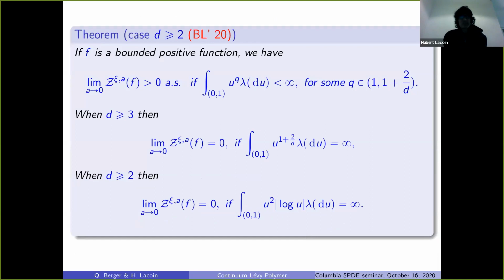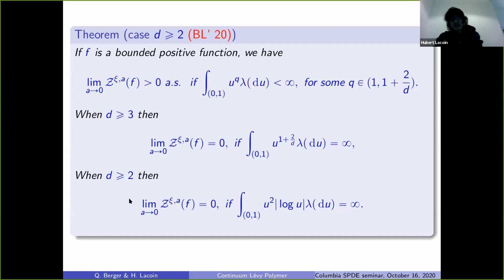And what we proved is that you get a non-degenerate limit when u to the q is integrable at 0 for some q strictly smaller than 2 over d. And it turns out that this condition is almost necessary, because if u to the 1 plus 2 over d is non-integrable at 0, then your limit is degenerate when d is larger than 3.